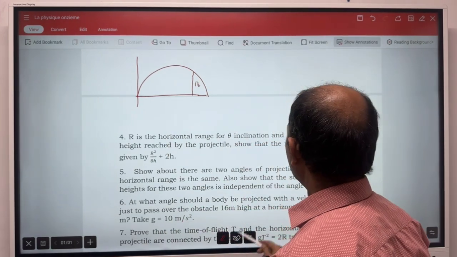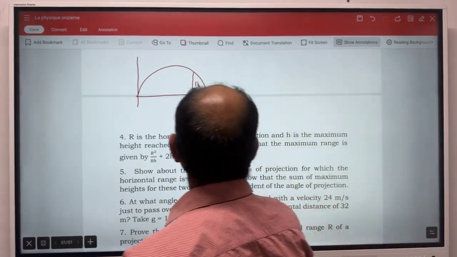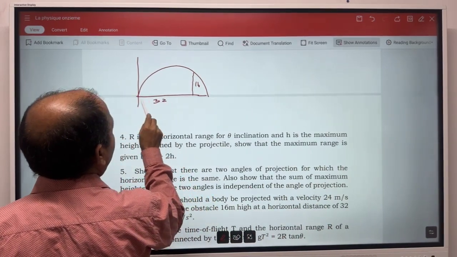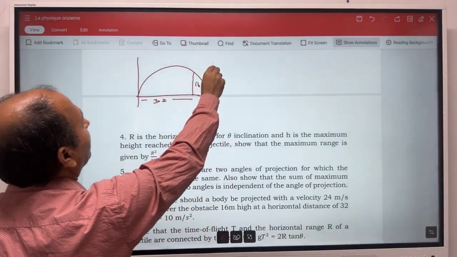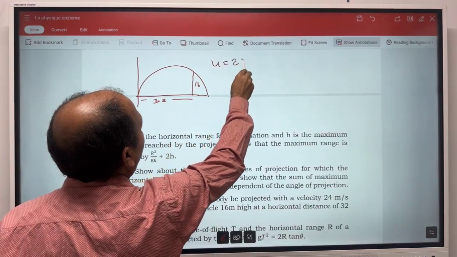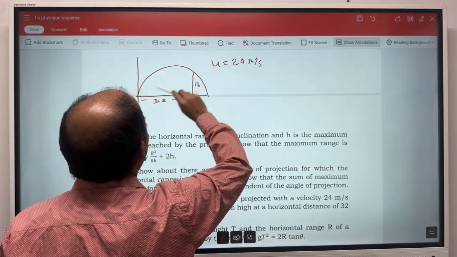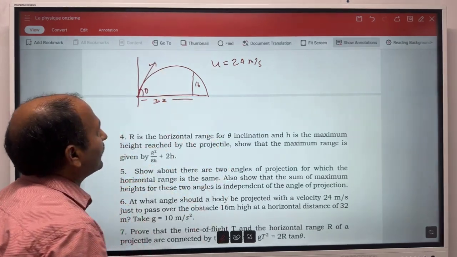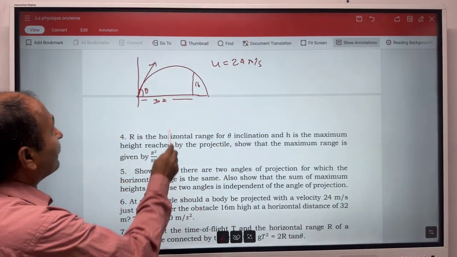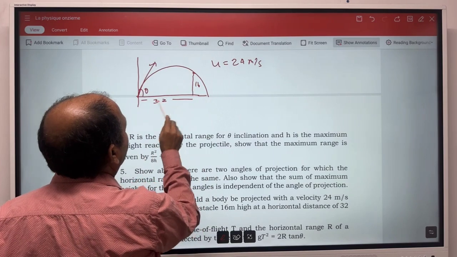So here this is 16, and its distance from here is given as 32 up to here, and velocity u is given as 24 meter per second. We have to find out what is this angle theta.